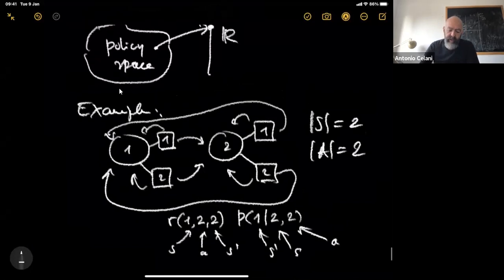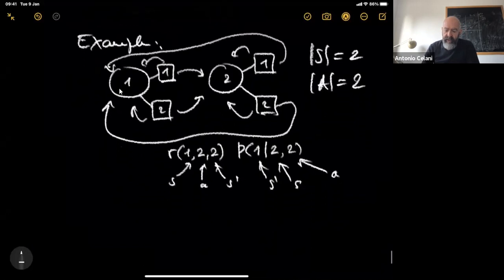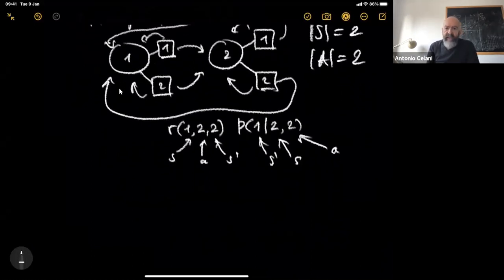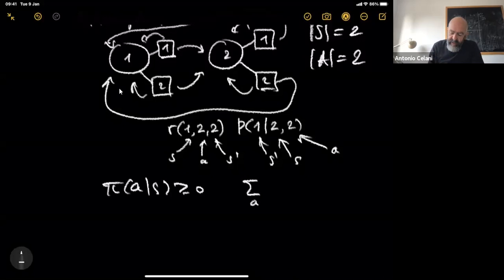So what is the policy space here? Now, the situation is particularly simple because for every state there are just two possible actions, and remember that pi(a|s) must be positive, and there must be normalization of probabilities.